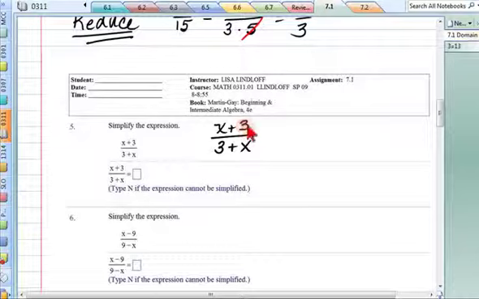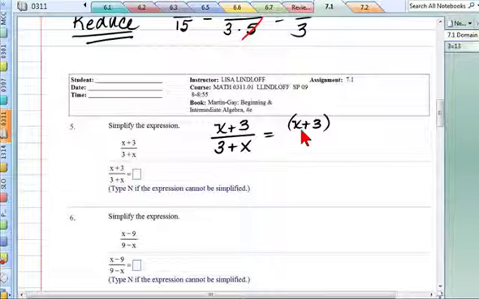No. It's a binomial. Is it squares? Is it cubes? No. Then the answer is no, I can't factor that. Since I can't factor it, I'm going to just write it as x plus 3. I'm going to put it in parentheses, and I will explain shortly why it's important to put it in parentheses. If you can't factor something, then just put it in parentheses. It is a prime factor all on its own.